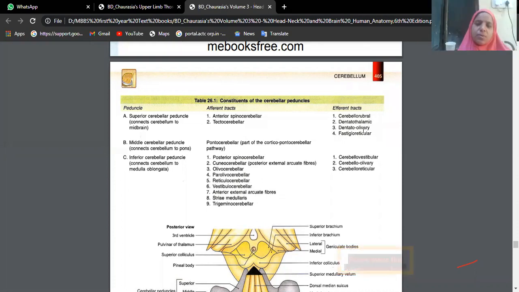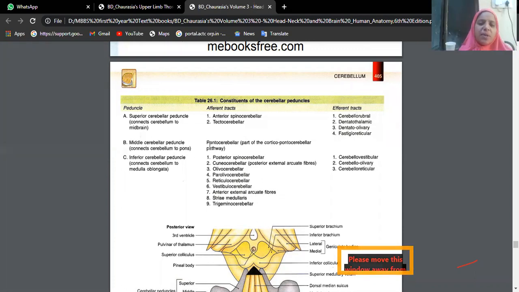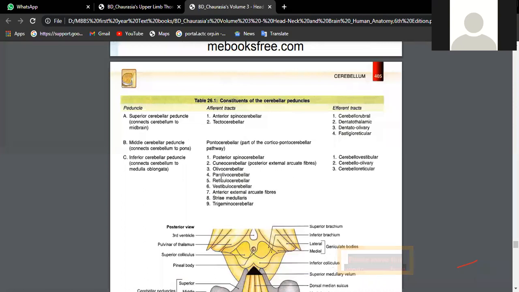From dentate nucleus to medulla oblongata, that is olivary nucleus, dentato-olivary. Fastigio-reticular. Reticular formation we find throughout the brainstem. Okay, diffuse group of gray matter. What we have in the brainstem is reticular formation. So in the middle cerebellar peduncle, which is connecting cerebellum and pons, we have pontocerebellar pathway.